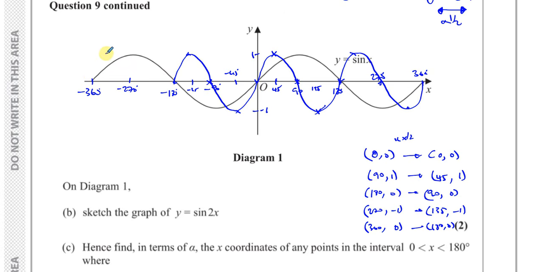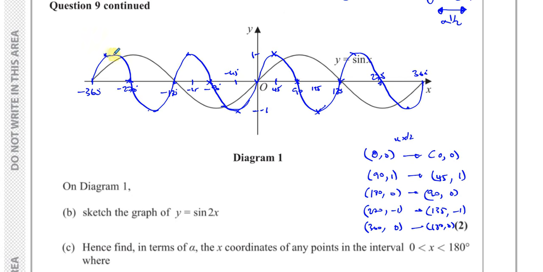The same thing is going to happen on this part. It's going to go through these same points. I made that a bit lower than I should have, I think. But you get the idea. That's supposed to be at minus 1. Okay, so it's going to do the same thing on this side. Make that a bit neater. Something like that.